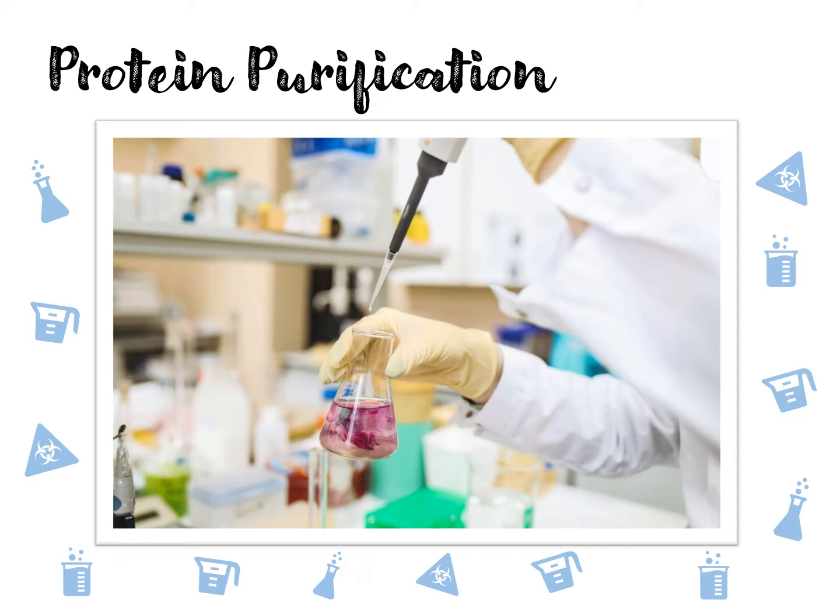So in the previous two lectures, we have discussed the different techniques of cell lysis, that is, how you can break open a cell to release the protein of your interest from within. And then we discussed the different methods of preparing the load.